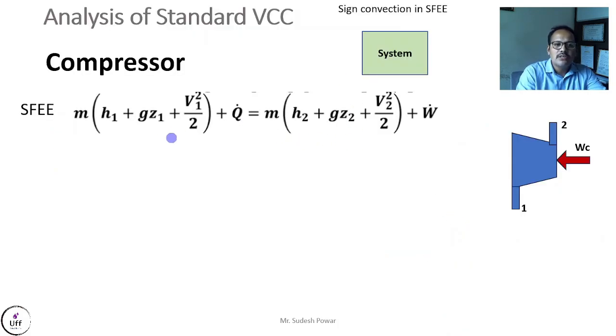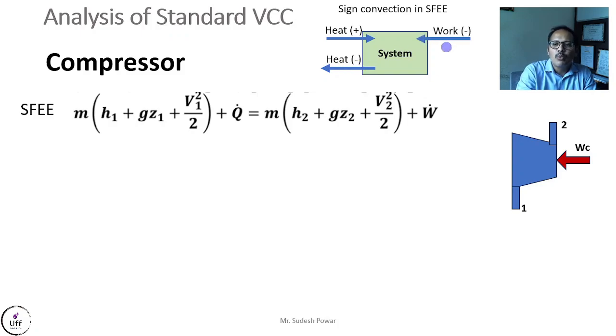This is the standard steady flow energy equation, and first we have to see the sign convention. Consider this is the system. If I am supplying heat to the system, that is considered positive, while heat taken away from the system is considered negative.